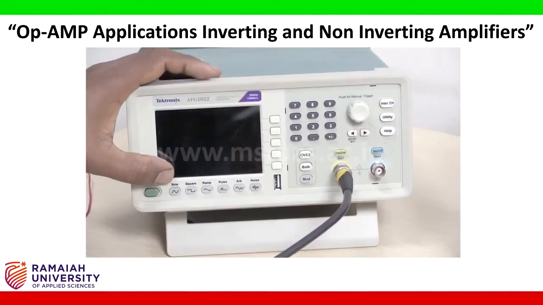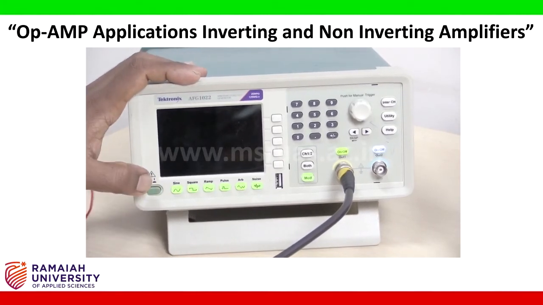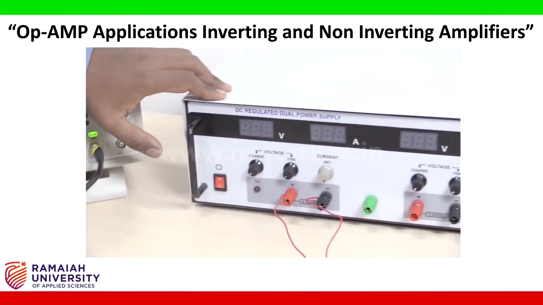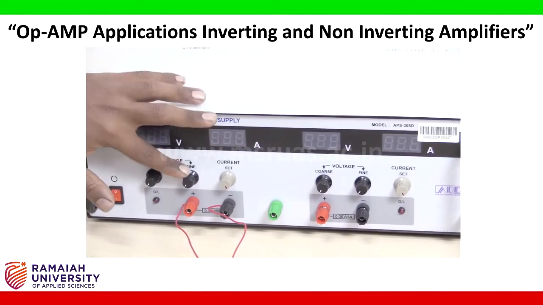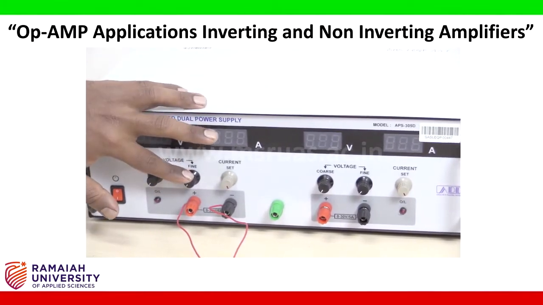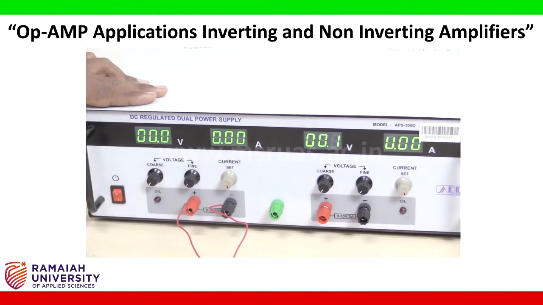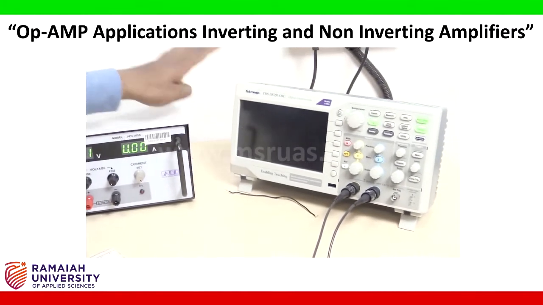So now you switch on the signal generator and you switch on the DC regulated power supply. Before you switch on the DC regulated power supply, your voltage must be in minimum position. Okay, now you switch on the power supply and you switch on your output monitor oscilloscope.